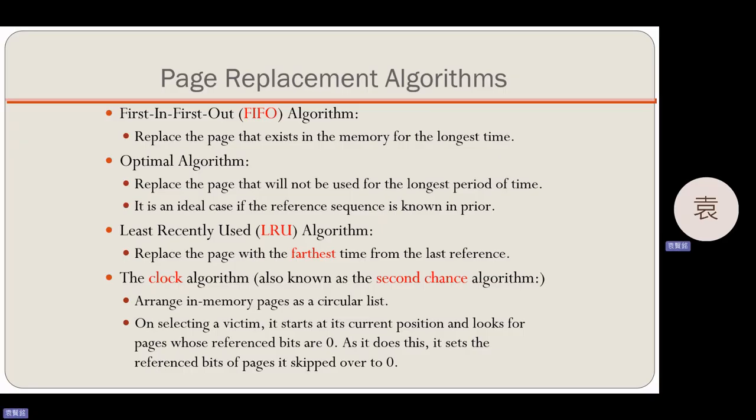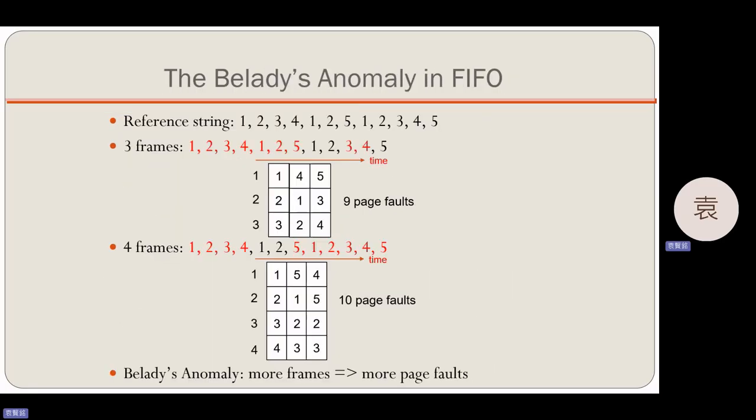The first page with reference bit 0 will be selected as the victim. But if the reference bit is 1, then we reset the reference bit to 0, give the page another chance, and go to the next position. So that's why sometimes we call it clock.